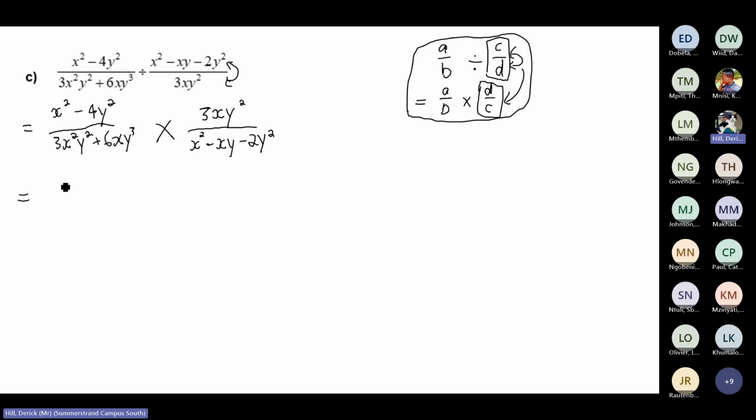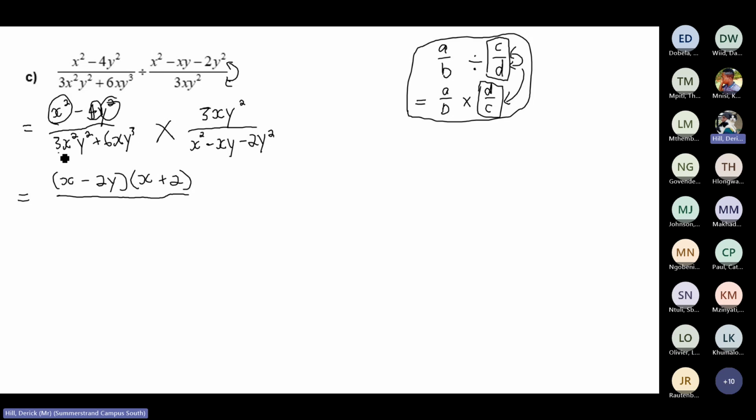First of all, our numerator, we can factorize using difference of two squares. We can see we have an x squared, we have a y squared, and we have a 4, which is 2 squared. That'll be x minus 2y, x plus 2y, all over. Now we can factorize this as well.